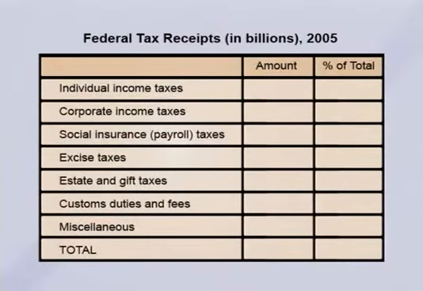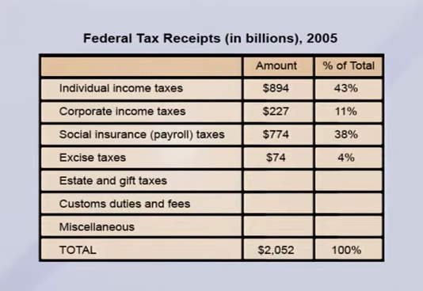Again, let me give you some actual concrete numbers here. These, again, are for fiscal year 2005. In that year, the federal government collected in taxes in total about $2.05 trillion. Now, of that, about 43% was individual income taxes, 11% was corporate taxes, 38% was what they call social insurance taxes, and those are the payroll taxes that you pay for Social Security and Medicare.